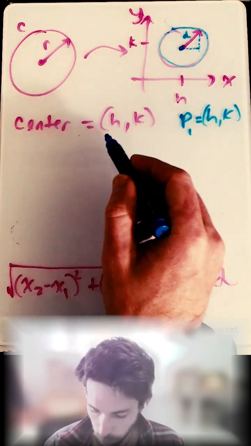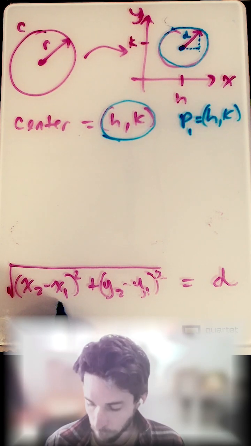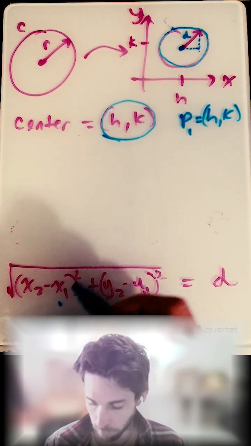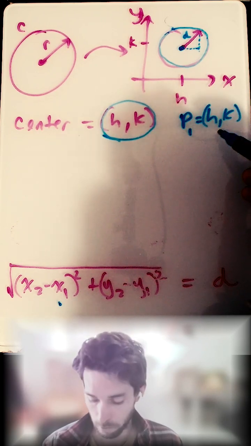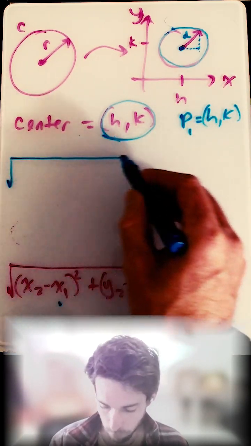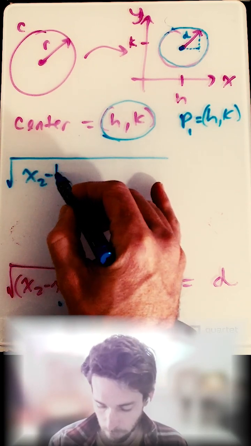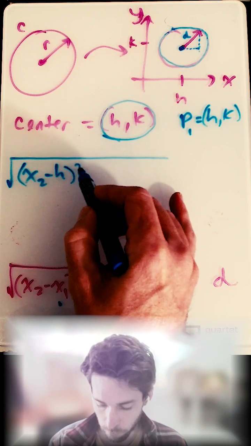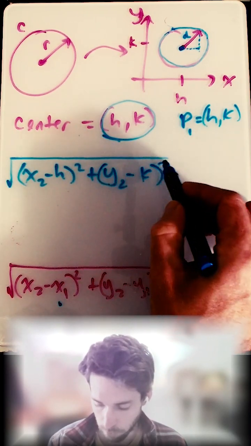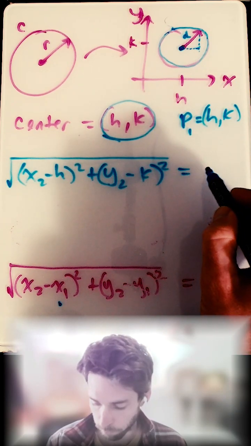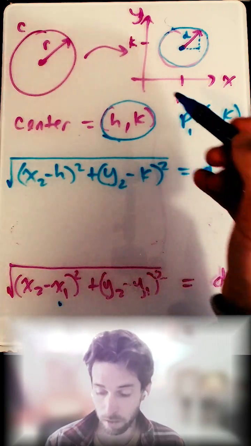Well, all we have to do is replace our point number 1 with the variables h and k, with our language of the circle. So we end up with the square root of x2 minus h squared plus y2 minus k squared equals d. But what is d?